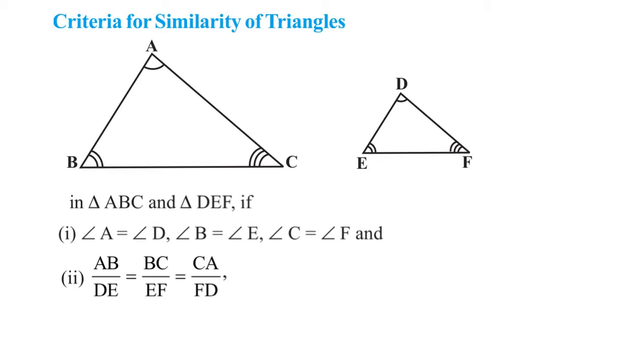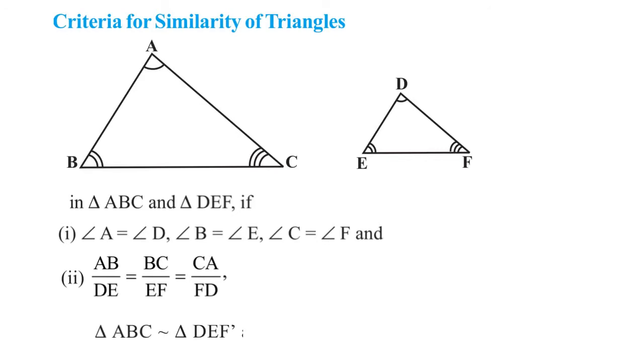That means AB over DE should be equal to BC over EF, which should be equal to CA over FD. Then we say that the two triangles are similar, and we represent this similarity by saying triangle ABC is similar to triangle DEF. This is the sign of similarity.